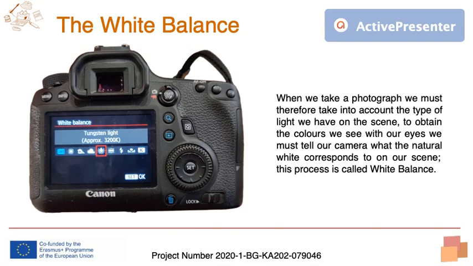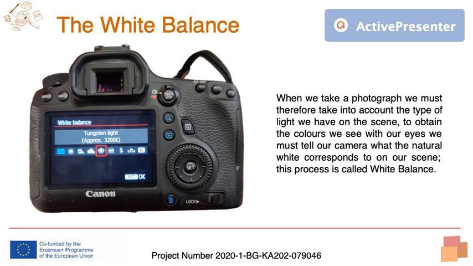If you know the color temperature, you can neutralize its effects. In digital cameras, white balance is a setting that tells the camera what color temperature white can appear. For example, in ambient light they have 3200 degrees Kelvin, in sunlight 5500 degrees Kelvin.